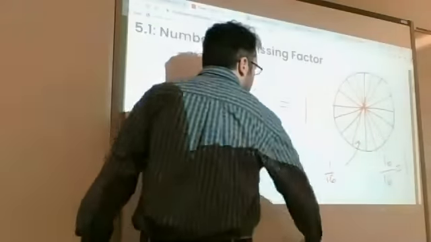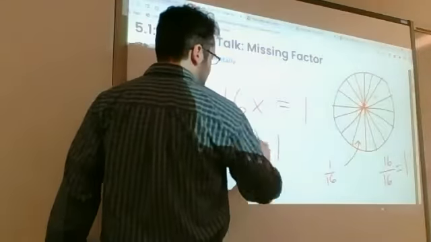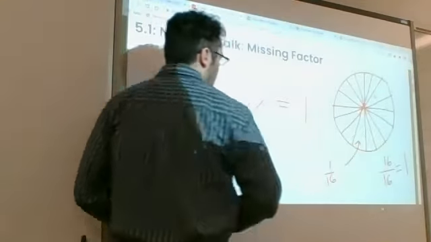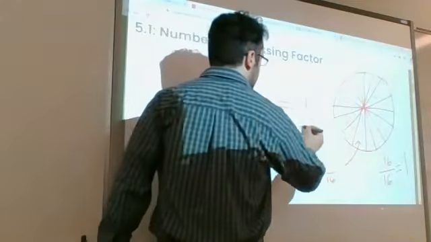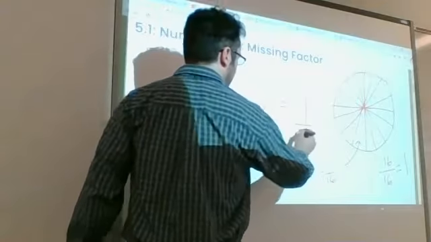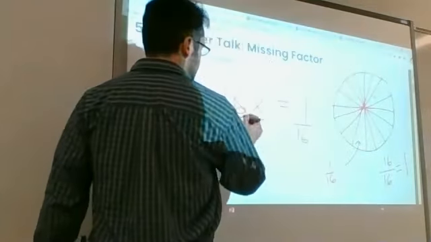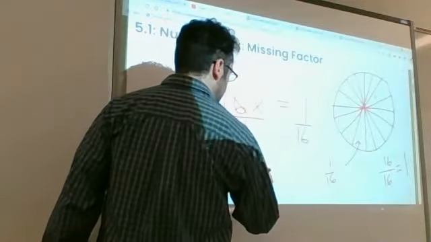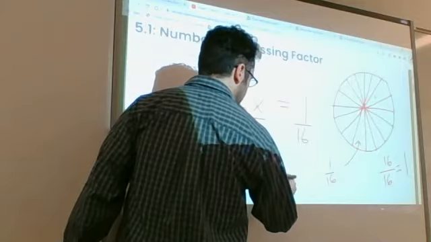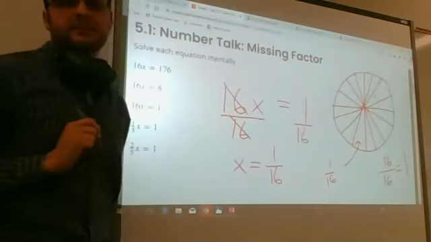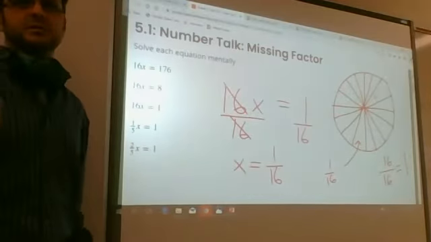And again, we can do it the long way, which is we divide both sides by 16. These 16s cancel out, and we're left with x equals 1/16. It's the same process.